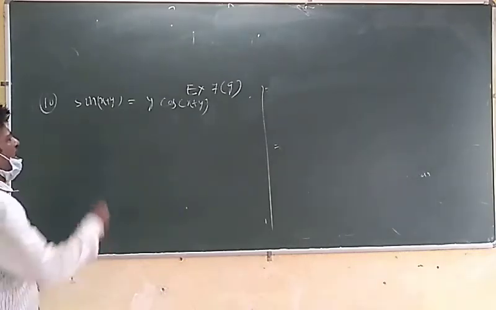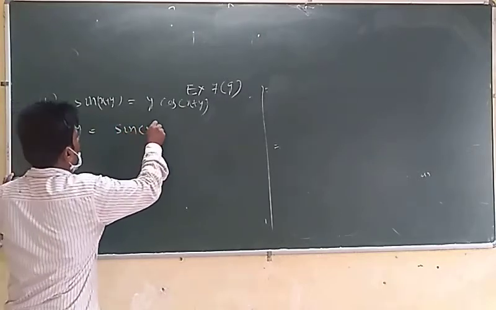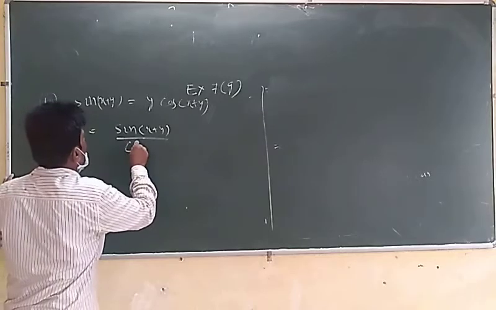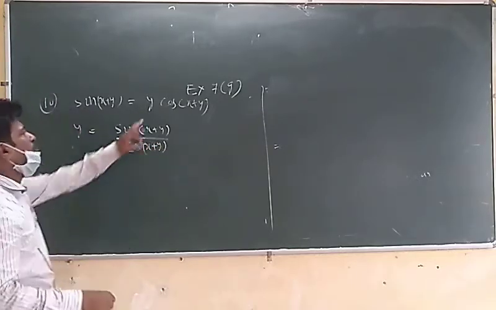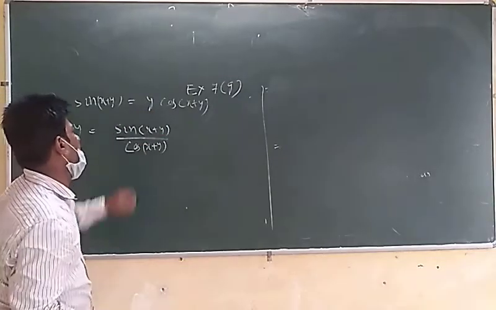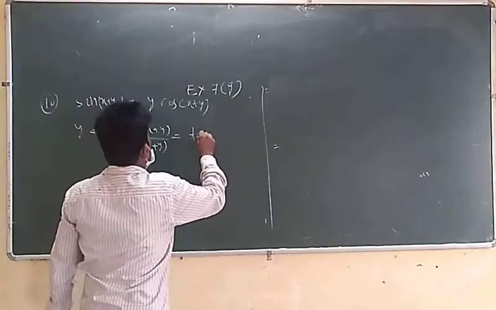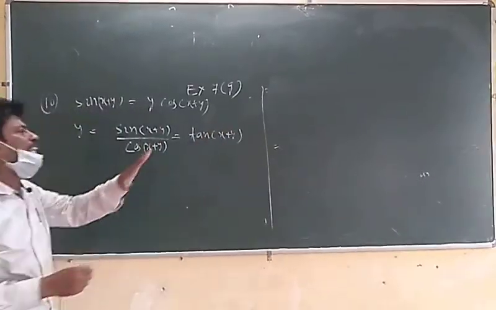Now find the value of y. So y = sin(x + y) divided by cos(x + y), because cos is multiplied on the y side, so it is divided on this side. Sin theta by cos theta is tan theta, so y = tan(x + y).